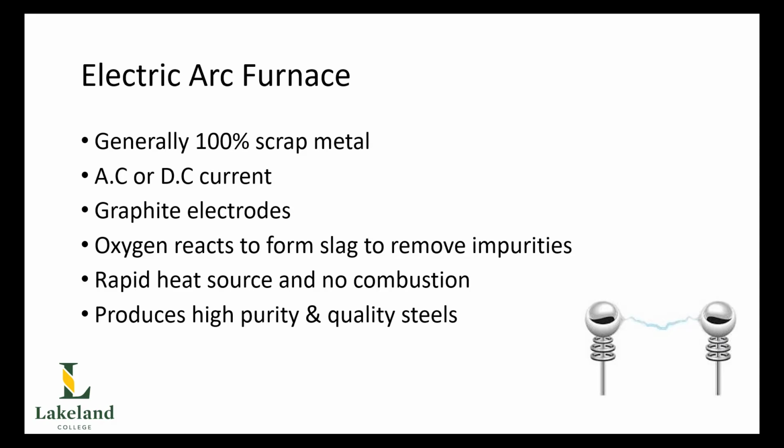Inside this furnace we also introduce oxygen, and that helps us remove impurities and increase the purity and quality of our steel. It's a very, very rapid process, and when these furnaces are in operation they buzz with the corona effect as the electricity used is so very large.